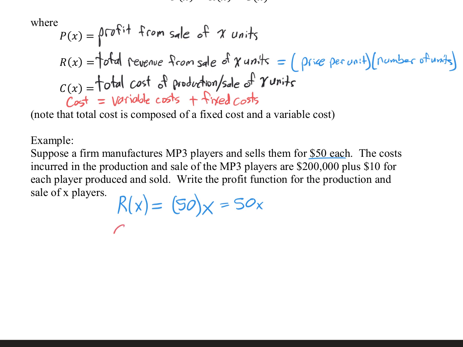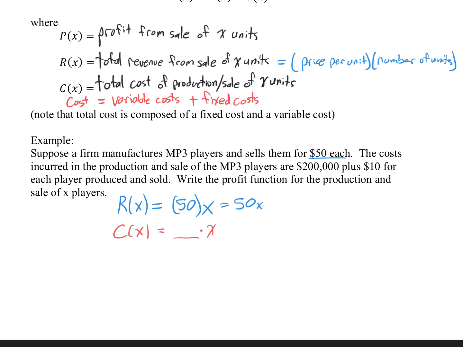For the cost function, C of x, we know that there's a variable part as well as a fixed part. The variable part, you can think about in a similar manner to the revenue. You have some kind of cost per unit, so something is going to be multiplied to x, and x is the number of units again.